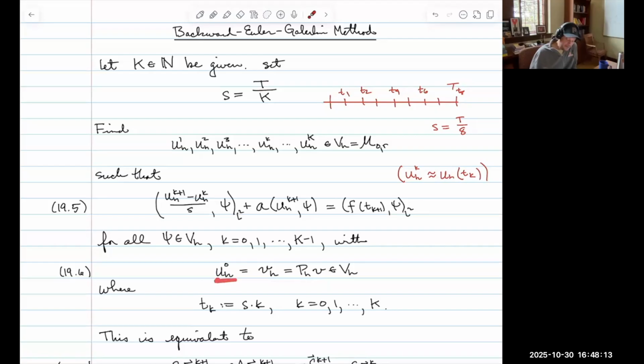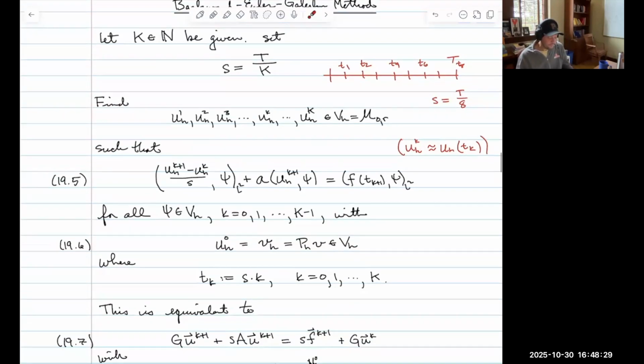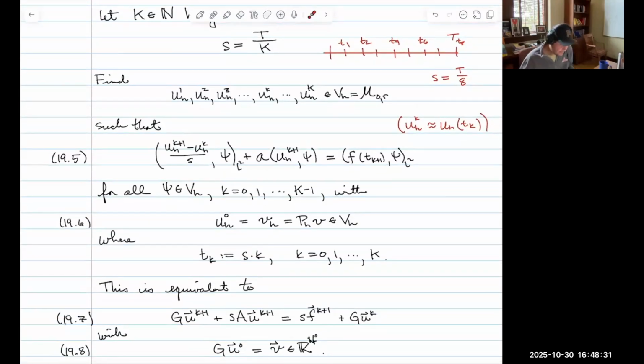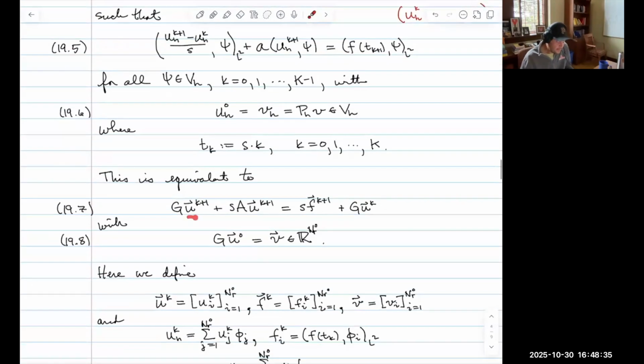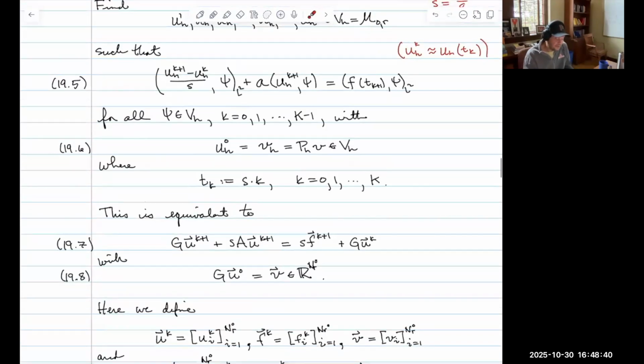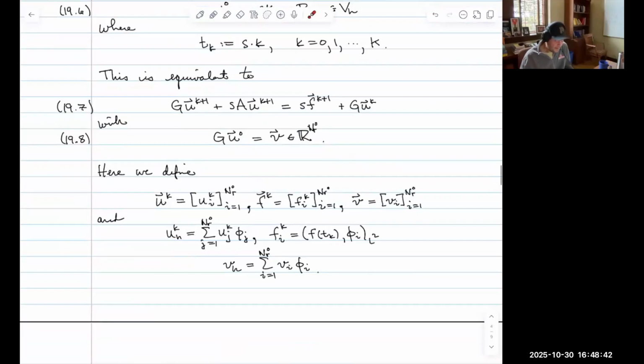Only you notice that this is the initial approximation UH0. So you actually get something at UH0. And what is that approximation? Well, it's exactly equal to VH, which is the projection of V into VH. Now, using the same sort of analyses that I've done before, I could write these unknowns, the finite element functions that I'm looking for, in this way.